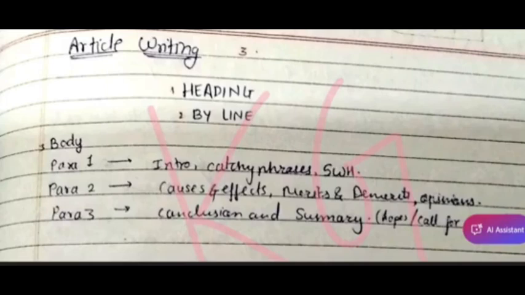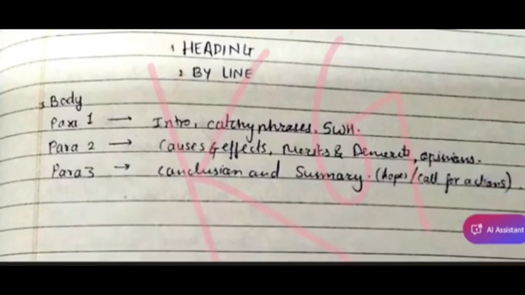Paragraph 1 in articles includes intro, catchy phrases, 5W expressions. Paragraph 2: causes and effects, merits and demerits, and opinions. And definitely paragraph 3, the conclusion paragraph, includes the summary, hopes, and calls for action.